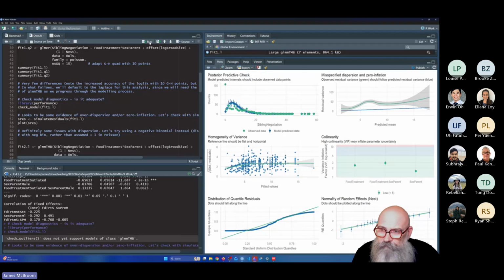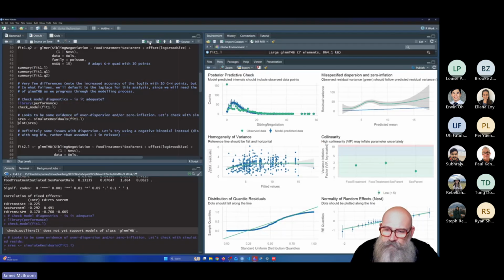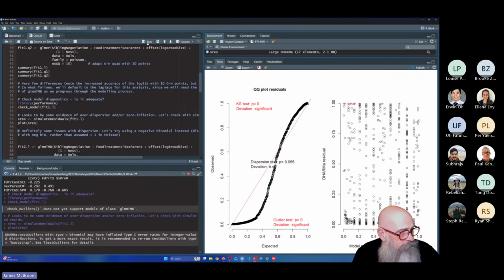We don't have time to really talk about the DHARMa package in detail, but essentially it simulates the residuals from the GLMM so that you can compare them to a uniform random variable between 0 and 1. So instead of looking at a QQ plot for a normal, you're looking at a QQ plot, if you like, for a uniform 0, 1. Okay, so first we do our simulated residuals, then we plot them. Now this creates two generic plots.